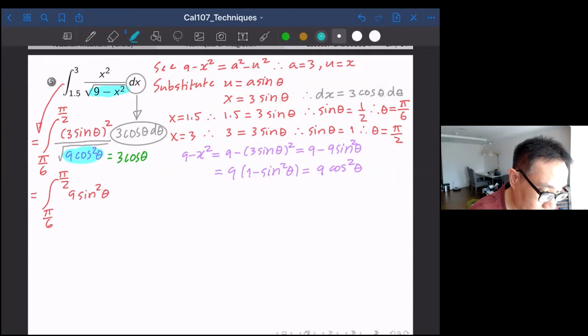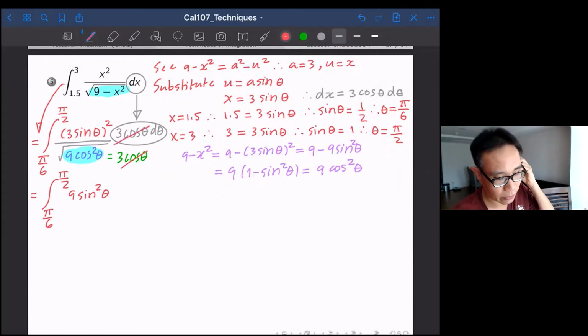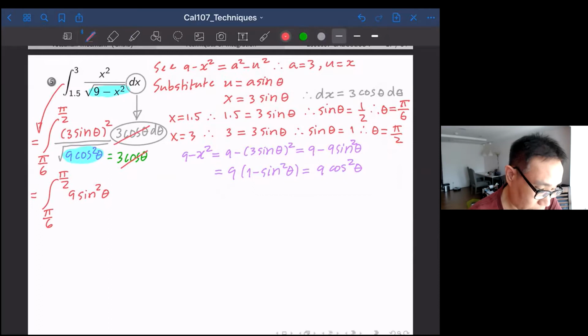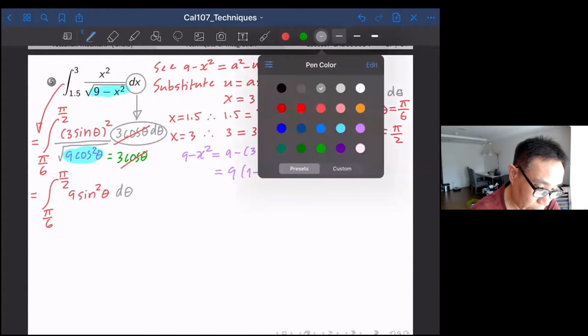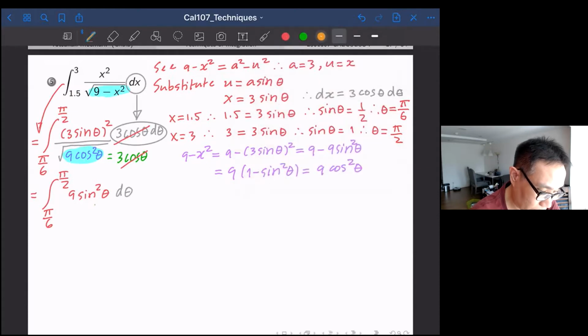So you see that this 3 cos theta will cancel with the cos theta on top. Okay, 3 and 3 cancel each other. So in this case, you get just d theta left. Okay, nothing left on the bottom. And you need to integrate sine squared.